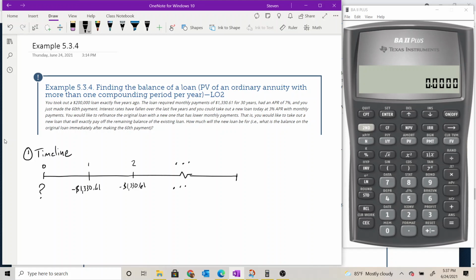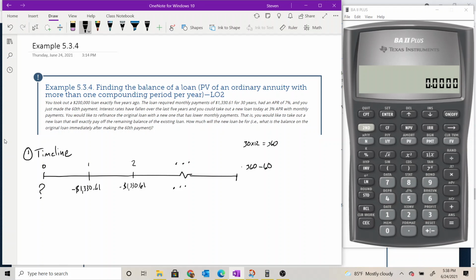out to how many months? How many are left? So the original loan was for 30 years with monthly payments. So the original loan had 30 years times 12 payments per year. That was 360 total payments. But we're 5 years into this, or 60 months into it, and so of those original 360 payments, we have made 60 of them.